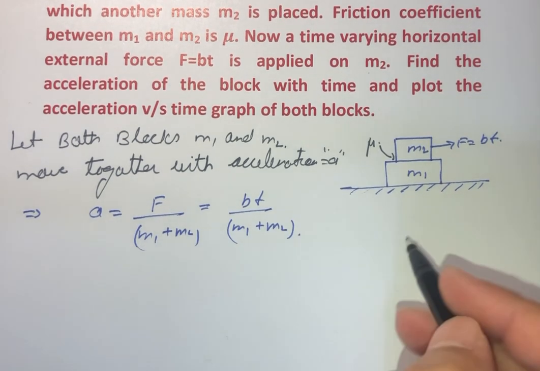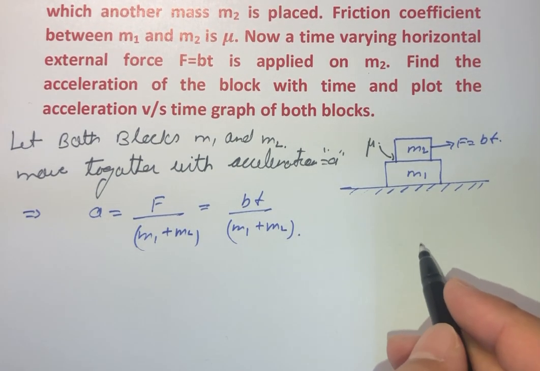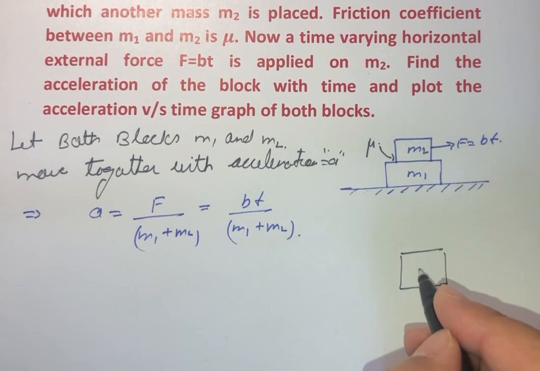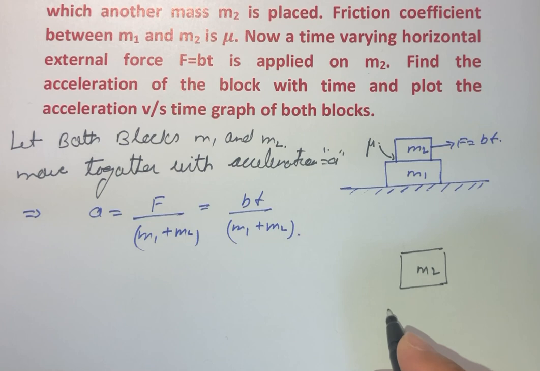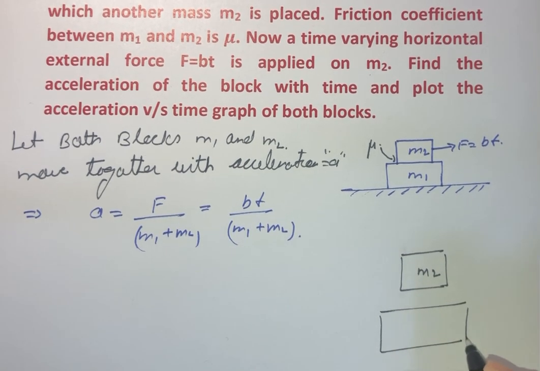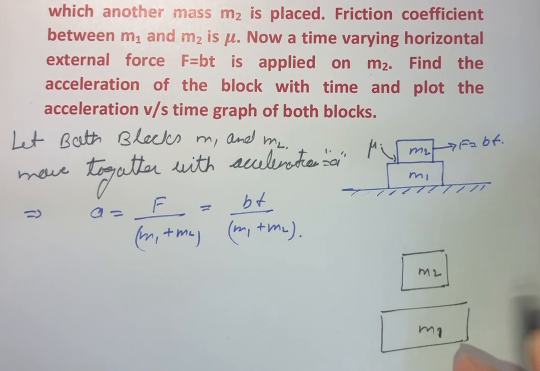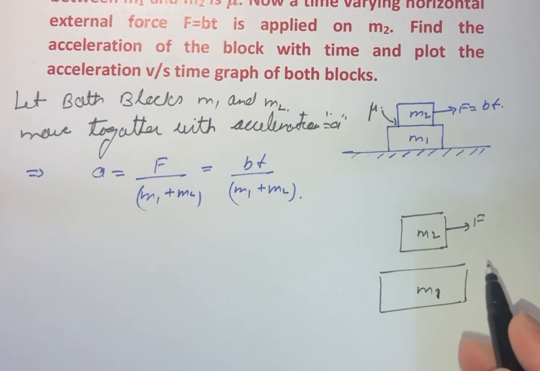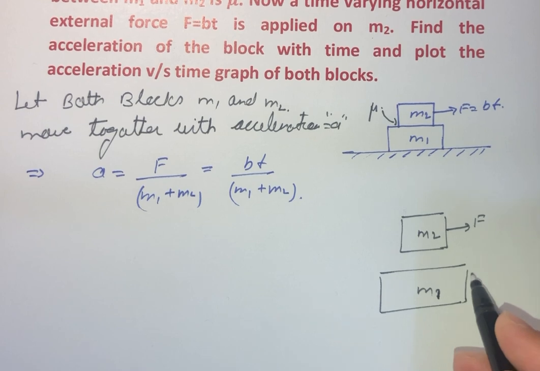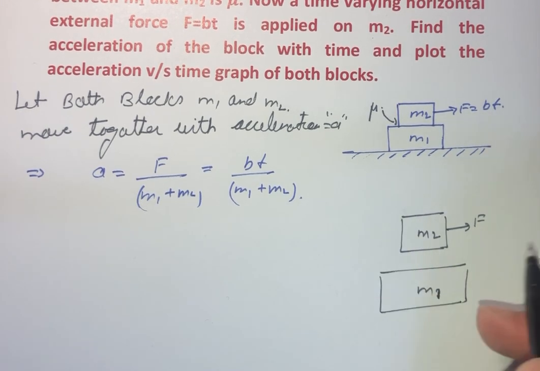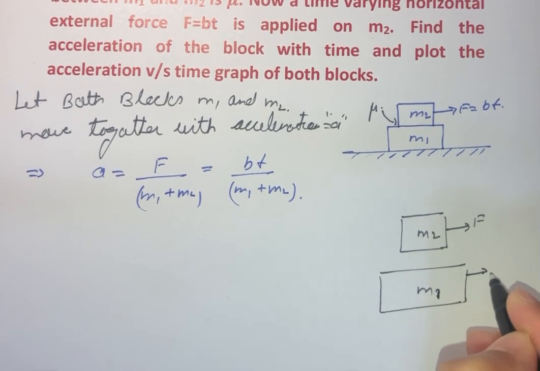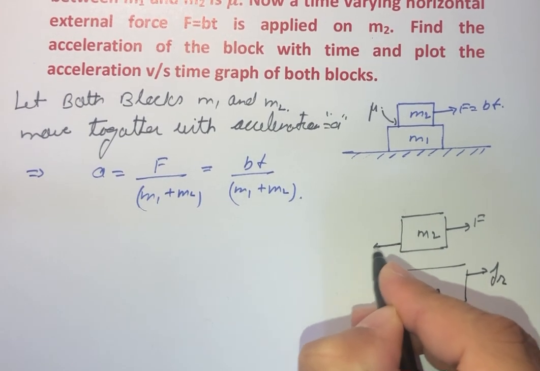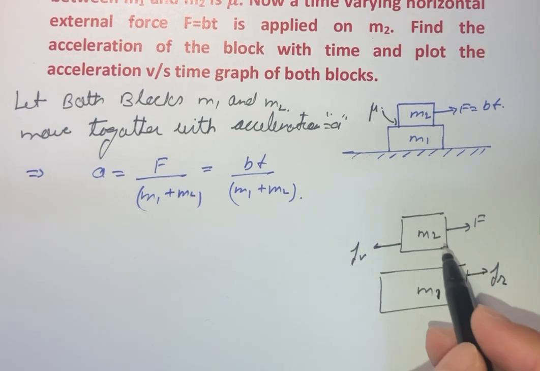Now let us draw the free body diagram, which will help us in further analysis. So this is m2 and this is our m1. A horizontal force F is being applied on m2. Now this m2 will try to force m1 to move toward right because of the friction, and let us call that Fr, and there will be an equal and opposite Fr acting on m2 itself.